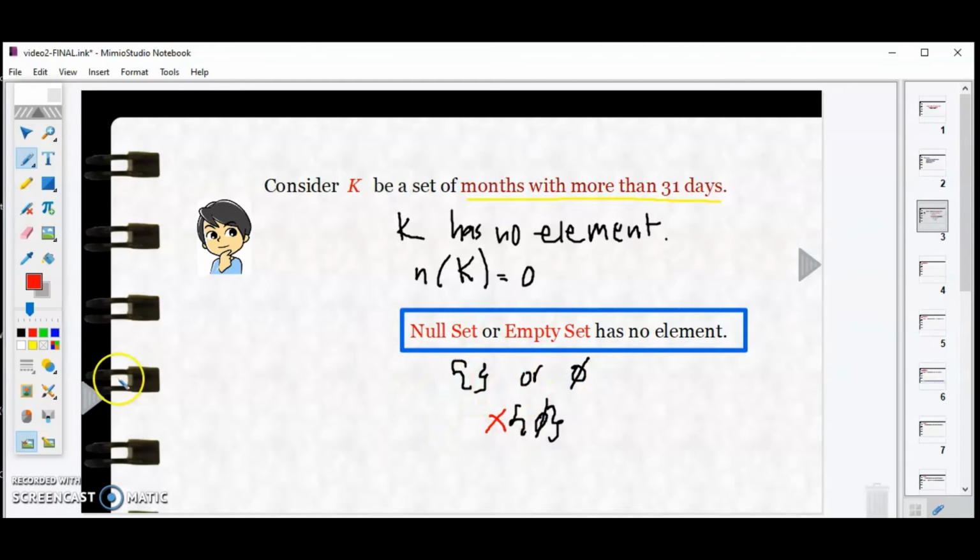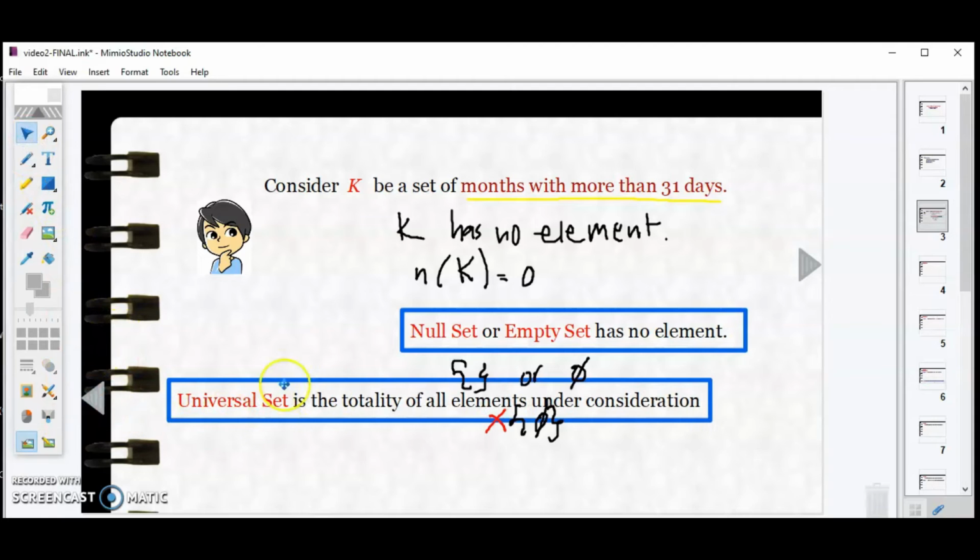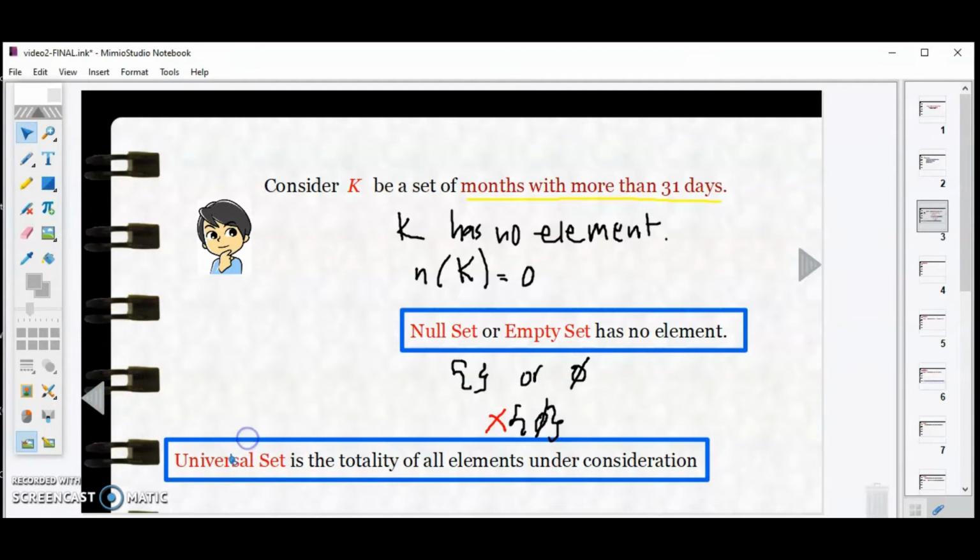Then in relation to that, we can also talk about the universal set. We define it as the totality of the elements, all elements under consideration. We denote the universal set as U. Now, what do we mean by under consideration? For example, your universal set is the numbers from 1 to 10.